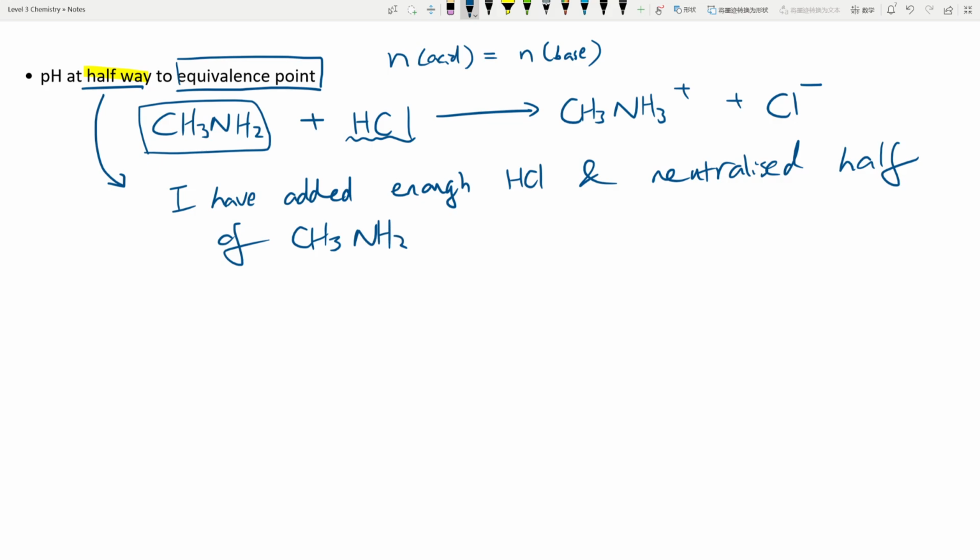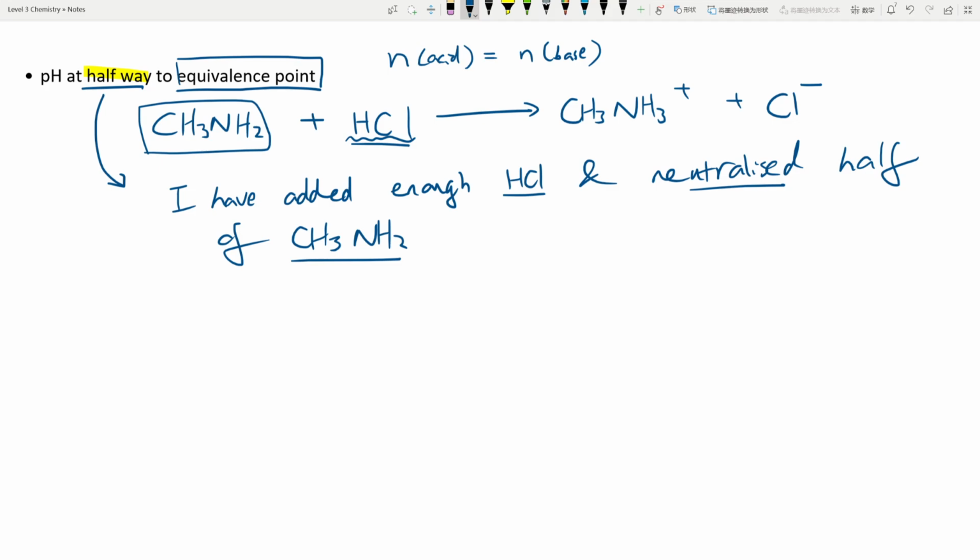Okay, so in this particular question, there's actually no calculation involved, but you need to understand what we're looking at here, because they always just ask you the question, there's no calculations required, but you need to explain to us what's happening here. Okay, so at halfway to equivalence point is that we added enough HCl and we neutralized half of the CH3NH2.